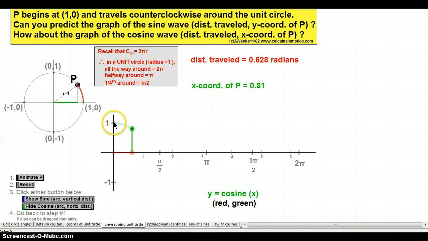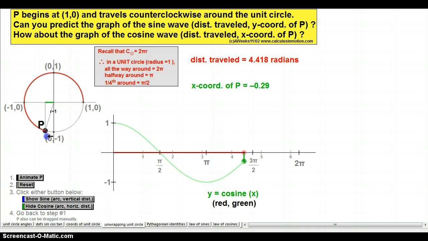So my cosine value at 0, my radian measure, is 1. And what happens to that x distance as I pull the point P up to pi over 2? My x value disappeared and went to 0. So now at pi over 2, my cosine value is 0. And this is going to continue as I pull it all the way around the circle.